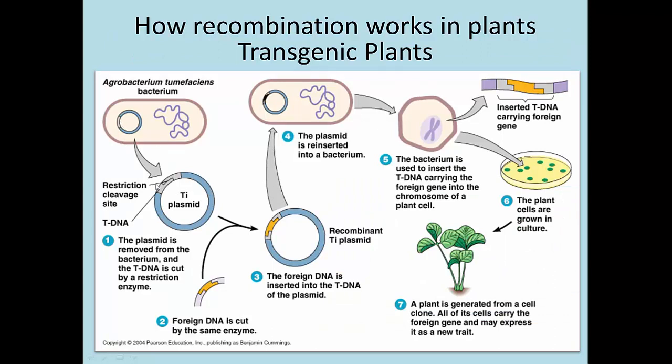They could cut the plasmid DNA, the TI plasmid. And in the same way as with bacteria, they modify the plasmid to contain a new gene. And from there, it goes back to Mother Nature. You modify the plasmid, and then you allow the bacteria to interact with the plants as it does normally.